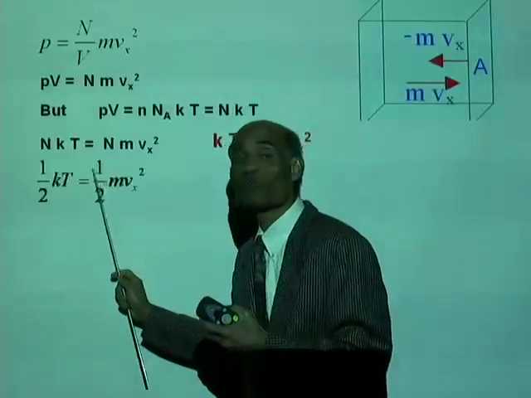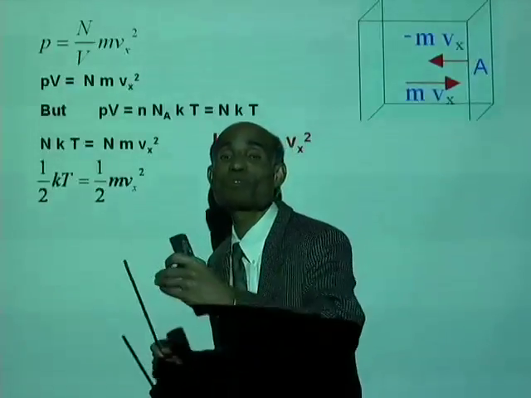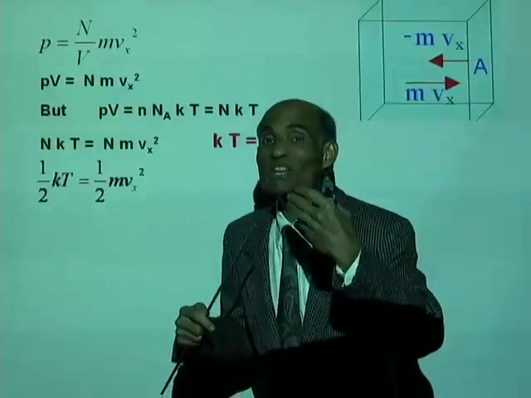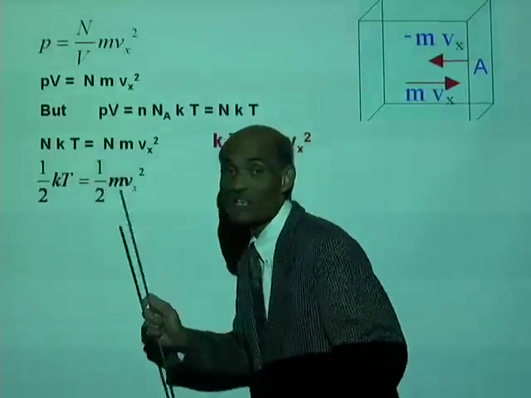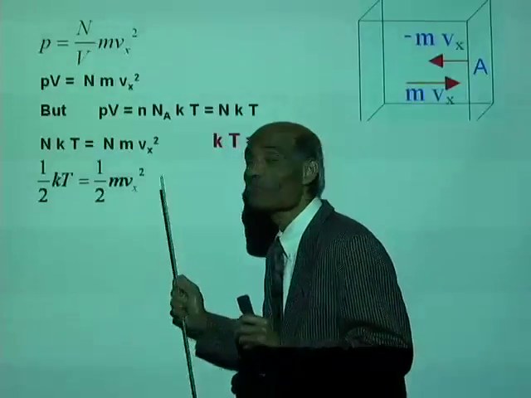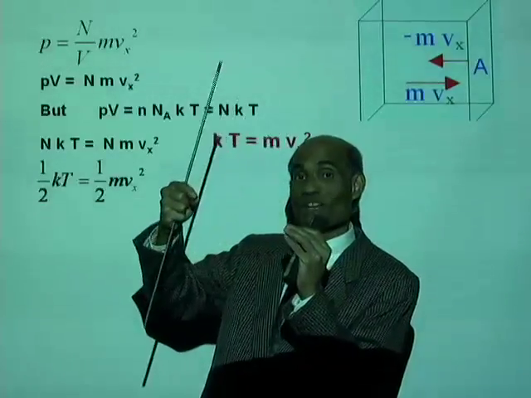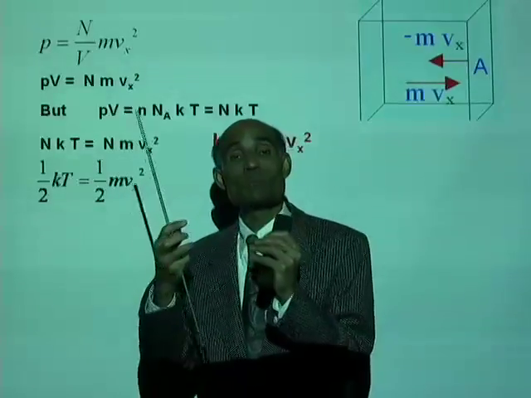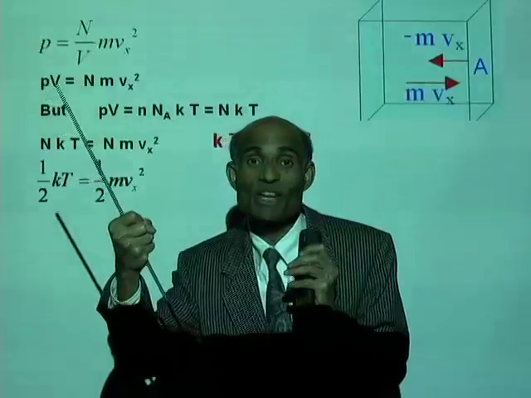Because we are so familiar with this quantity, 1/2 mv squared. 1/2 mv squared is a measure of the kinetic energy of a molecule. You see, Vx stands for the x velocity of the molecule. 1/2 m Vx squared is a measure of the kinetic energy of a molecule moving in the x direction.